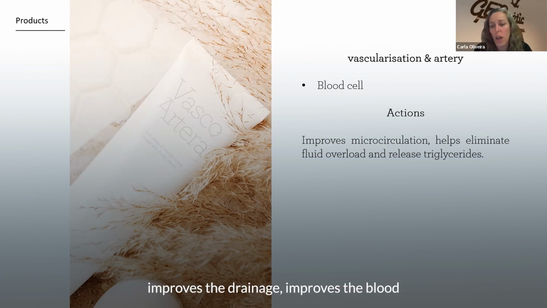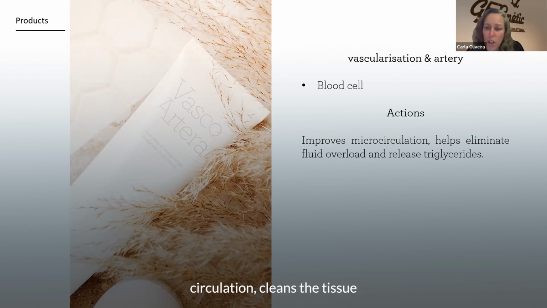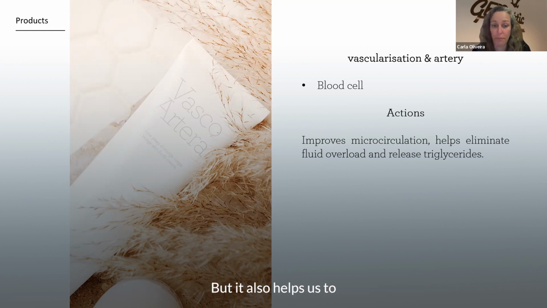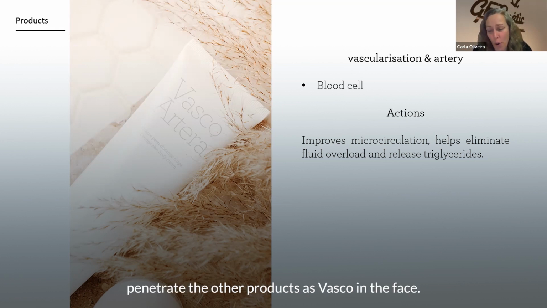So Vasco Artera is very important to this situation. It improves the drainage, improves the blood circulation, and cleans the tissue or the environment around the cell in order for the cell to work in a very balanced way. But it also helps us to penetrate the other products, as Vasco does in the face.